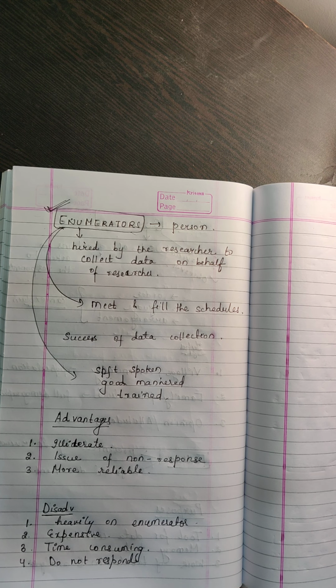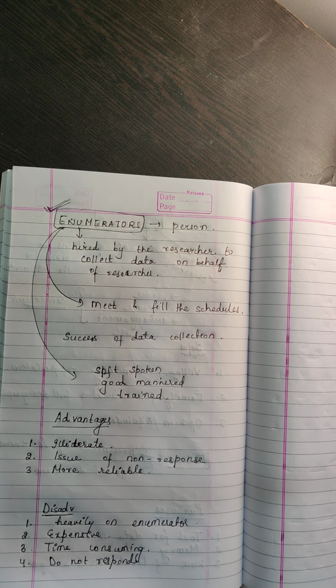So till now, in schedules, remember that it is a set of questions, or you can call it a tool, which helps the interviewer or the observer to collect data. It is similar to a questionnaire as it has questions, but the difference is that this aids in the process of interview and observation, and the questions in the schedule are asked by the enumerator to the respondent directly, and it is filled in by the enumerator.